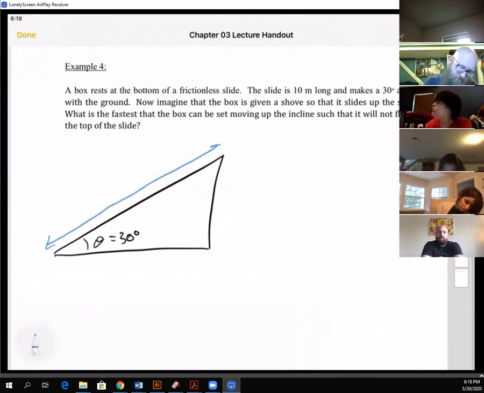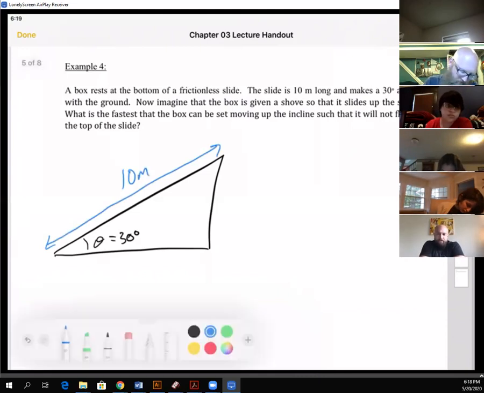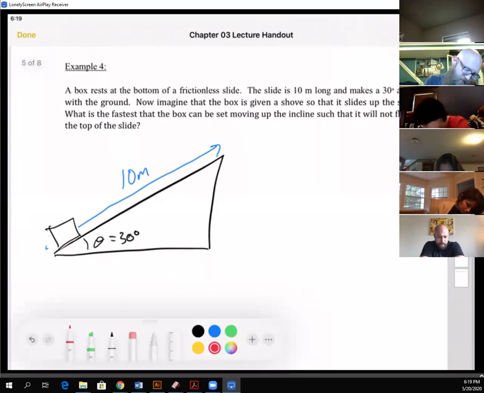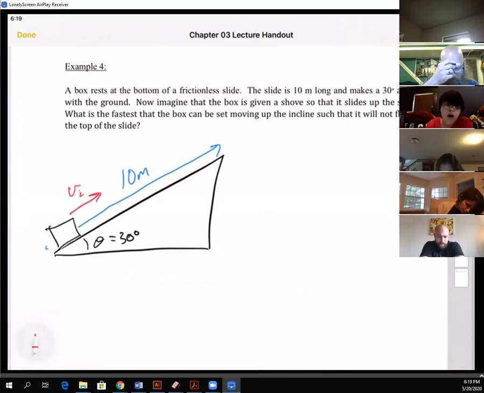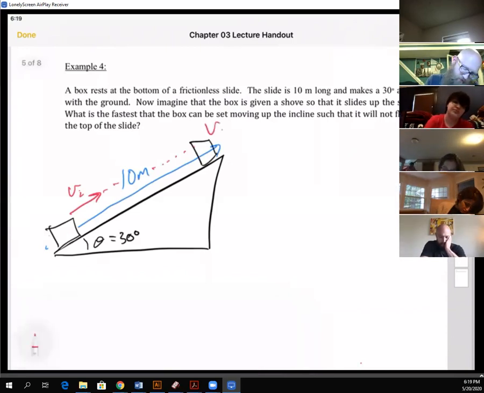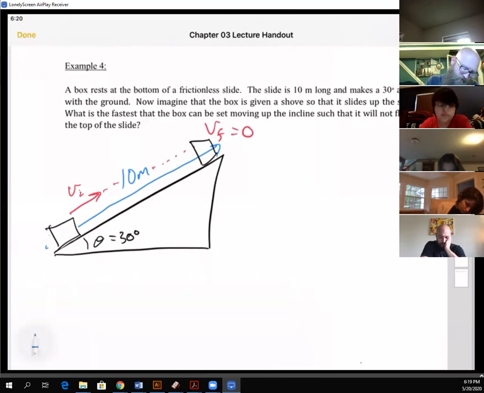There's my 10 meters. And we have this box at the bottom of the slide, and we're going to give it some V initial. Ultimately, we want it to travel up the ramp and stop at the end of the ramp, so I want V final to be 0. The question is, find V initial such that it travels the 10 meters and just stops at the end.